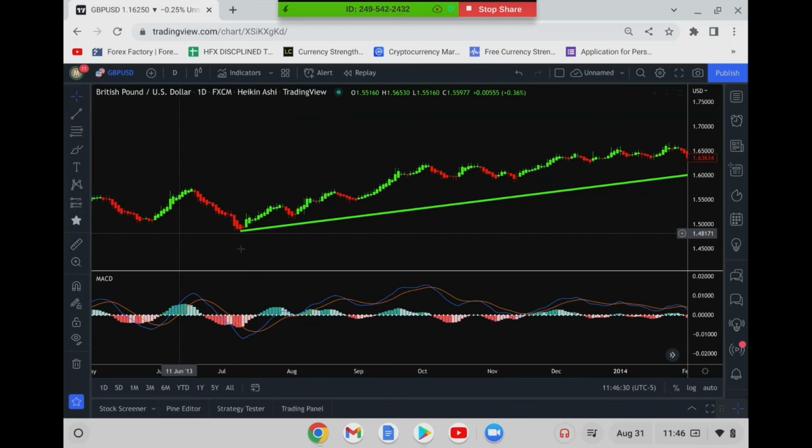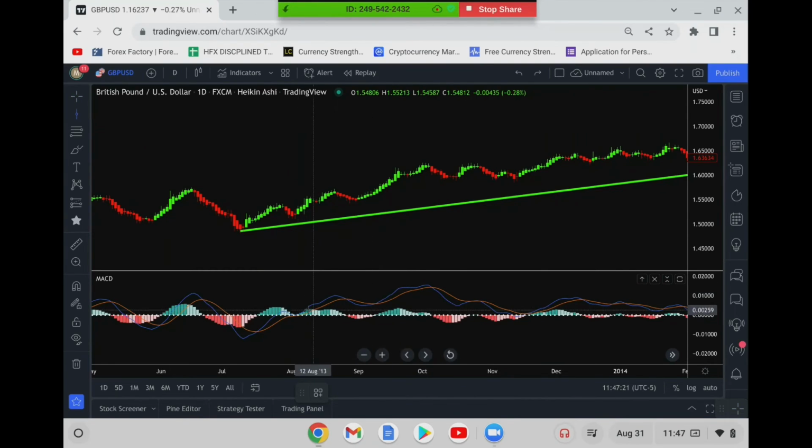So first things first, we have our MACD and our signal line crossing above our baseline, letting us know that price is shifting from seller's momentum to buyer's momentum. On top of that, we have our MACD, our blue line, above our orange line, letting us know that buyers are currently in control.